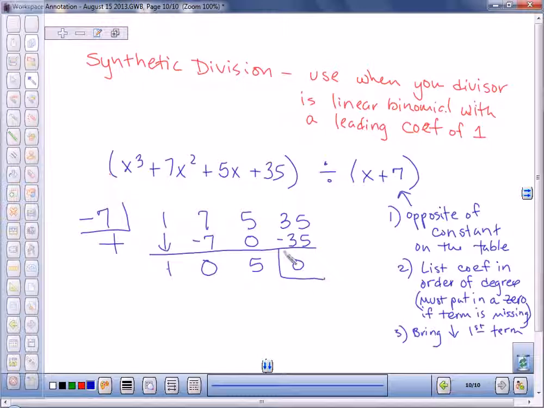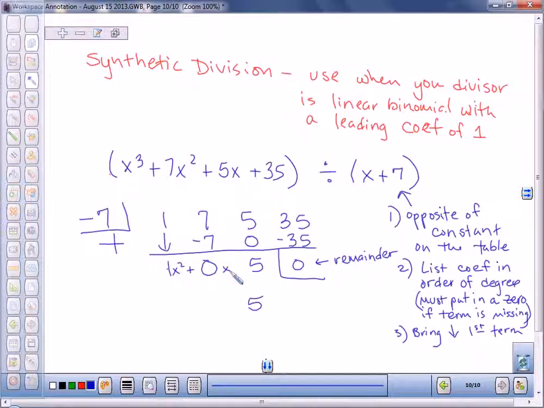And then we work our way backwards. This is our constant, this is our linear term, this is our quadratic term. So this is just our number. This would be our x, so we have 0x. This is our x squared. So it looks like this, x squared plus 5. And that's our quotient.